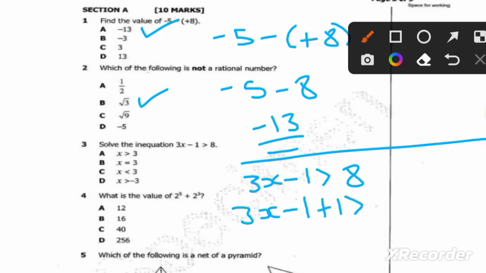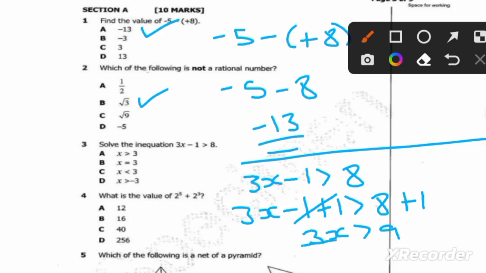We are also going to add 1 on the right part of the equation. So -1 plus 1, we are going to get a 0. So here we are going to remain with 3x greater than 8 plus 1 is equal to 9.